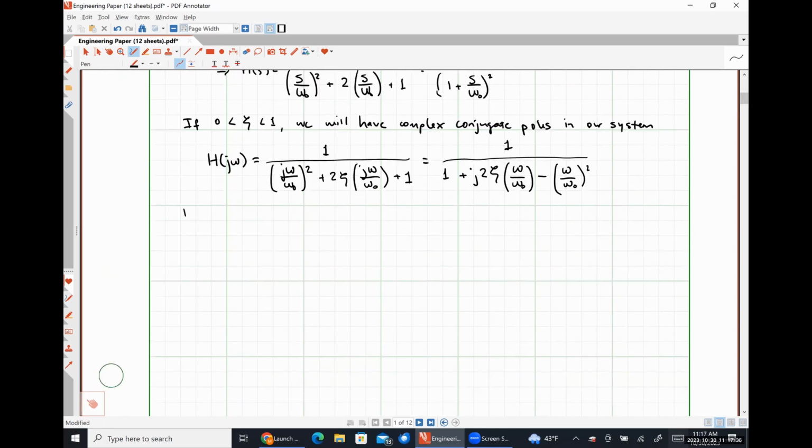So when omega is much less than omega naught, h of j omega is approximately equal to 1, and therefore 20 log of the magnitude of h of j omega is approximately 0 decibels.